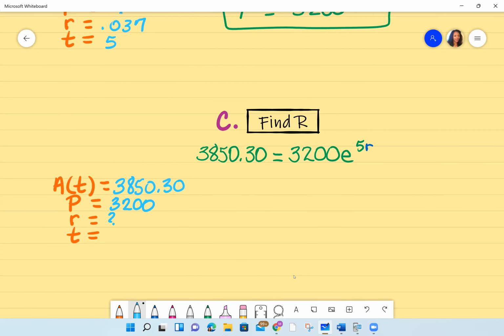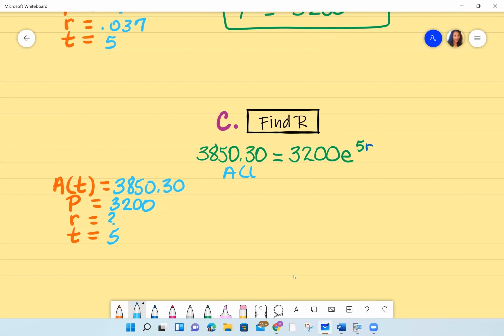In this case, I'm looking for R, and I have everything else. And all I would have to do is substitute it where the actual variable is located. So for instance, A of t is to the left of the equal sign and P is to the right. So when I'm substituting, I have to make sure that I am putting it in the correct location. And that's a common error for some of you students.